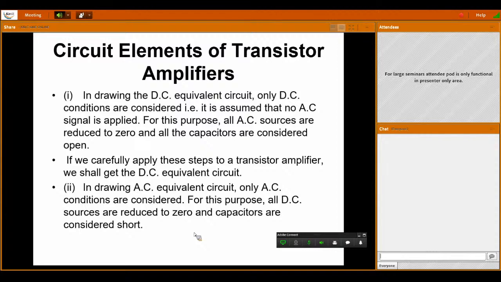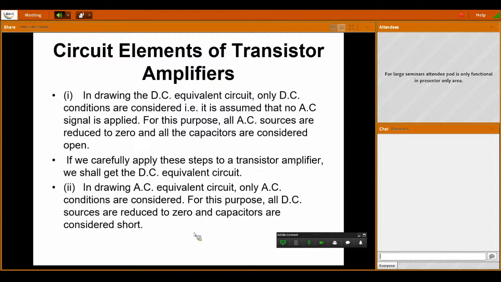As well as to perform your AC analysis, when you want to draw the AC equivalent circuit, only the AC signal conditions are considered. So in order to do that, first we have to reduce the DC source to zero.